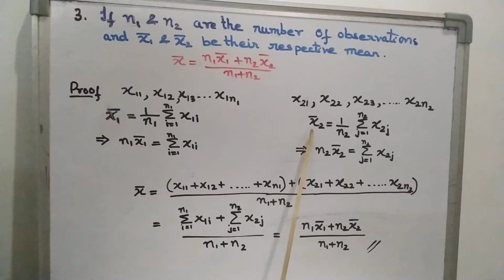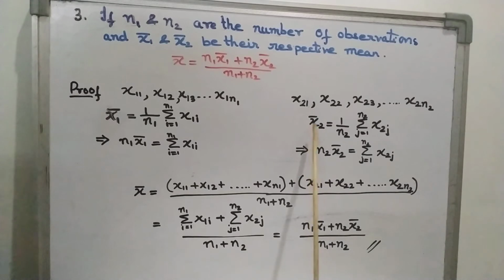Similarly, the mean of the second series we write as x2 bar. Here the number of observations is n2, so in place of 1 by n we write 1 by n2, and the summation: the second suffix is the variable, 1, 2, 3 up to n2, and 2 is constant, so we write 2 here, and for the variable we use j, where j goes from 1 to n2.